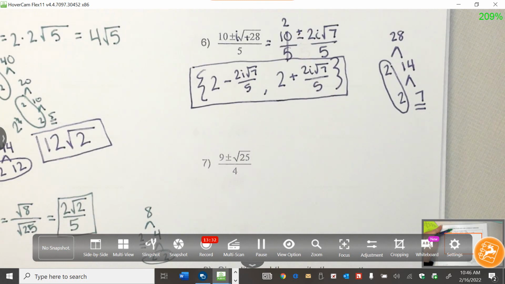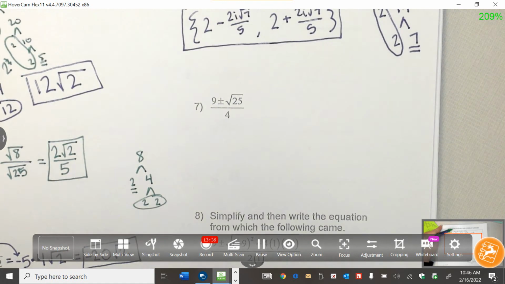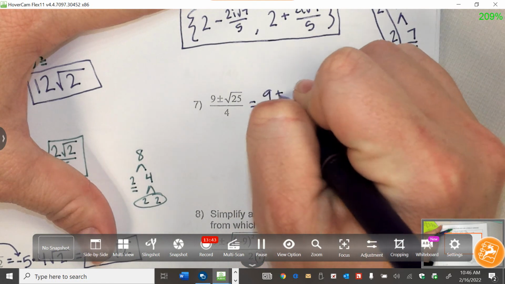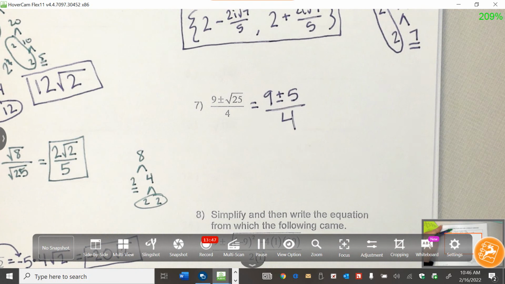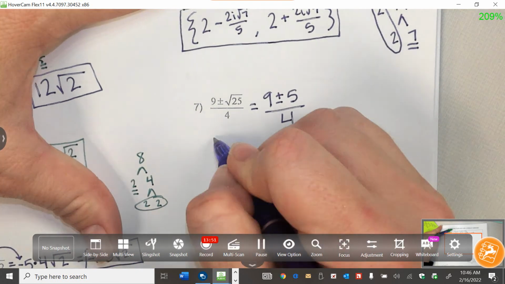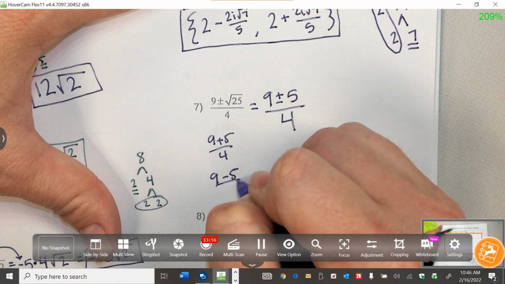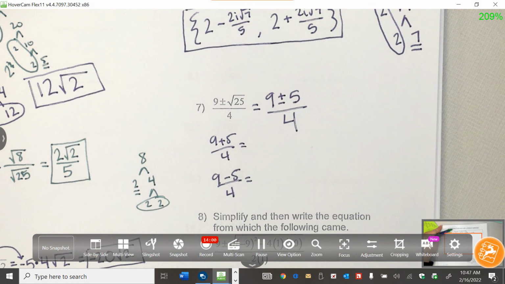Okay, so look at number 7. Now number 7's different because what's the square root of 25? 5. So we can simplify it. So we have 9 plus or minus 5 over 4. And now we have to separate it. So 9 plus 5 over 4, 9 minus 5 over 4. What's 9 plus 5?